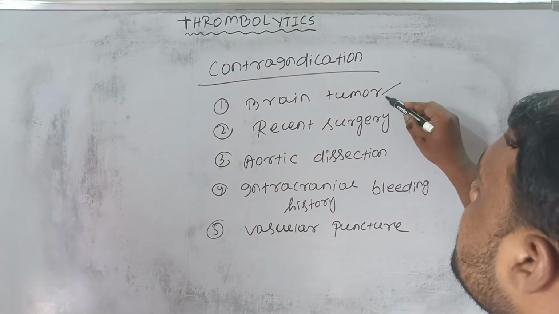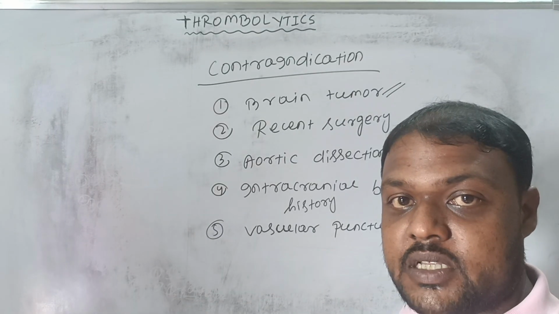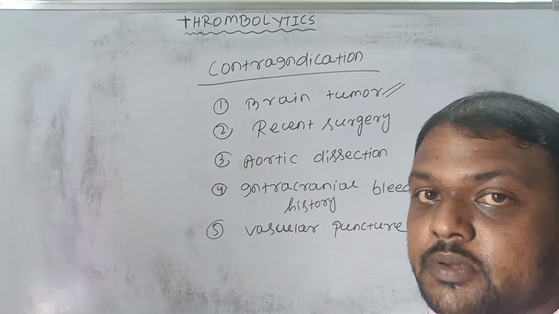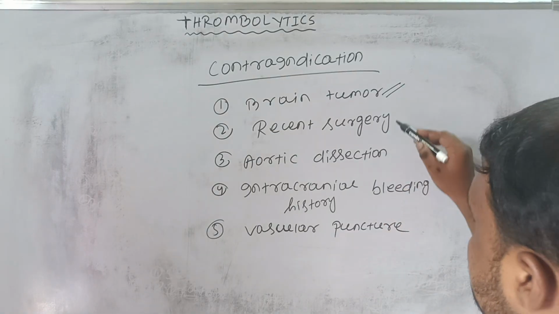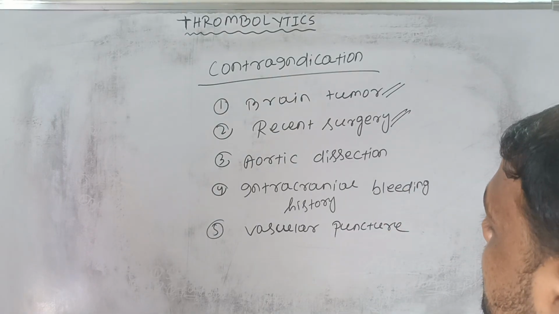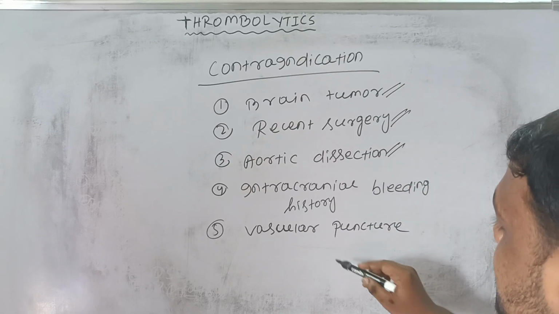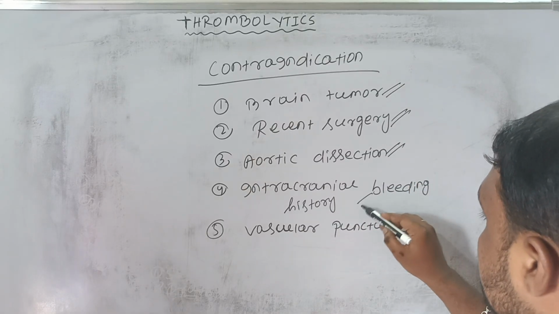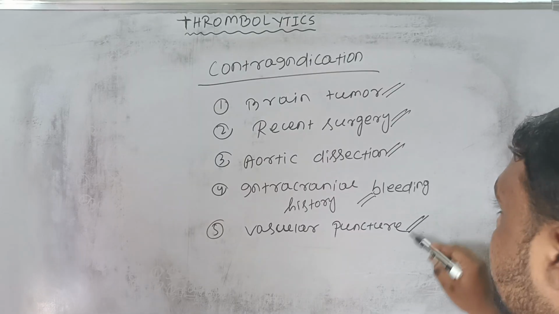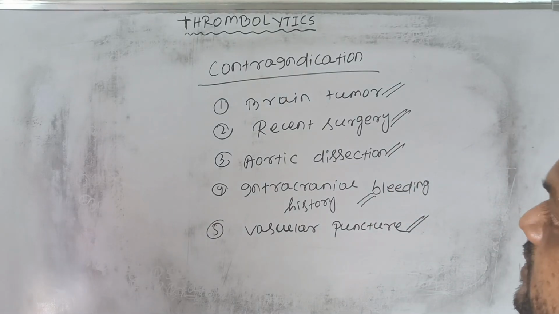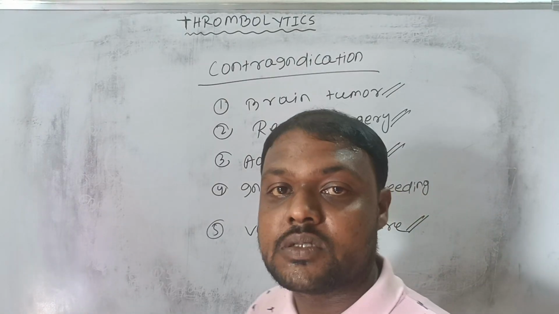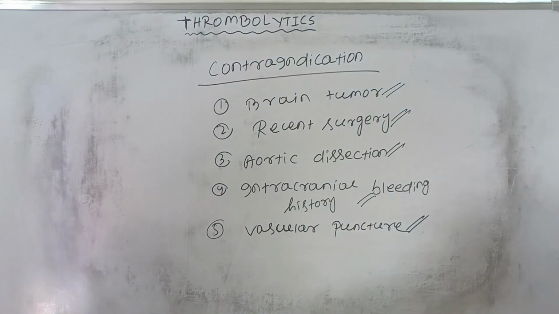In brain tumor, perforation may occur, so the thrombolytic agent is contraindicated. So recent surgery, aortic dissection, intracranial bleeding history, and vascular puncture are all contraindications for thrombolytic agents.